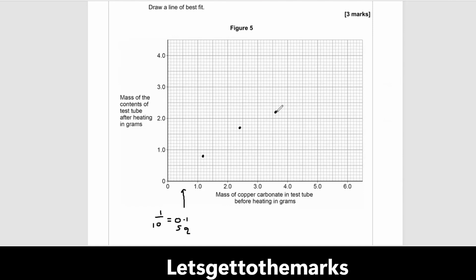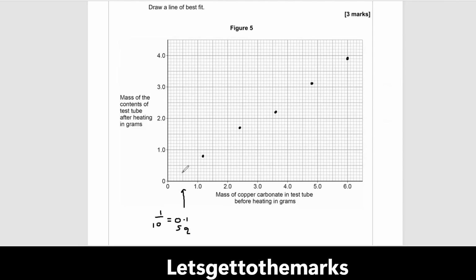You're allowed to be half a square out, so don't panic too much. Then 4.8 and 3.1. So I want to go to 4.8 and up to 3.1, and that is about there. Looks a bit strange now. And then 6 and 3.9. So we go all the way up here, 6 and 3.9.